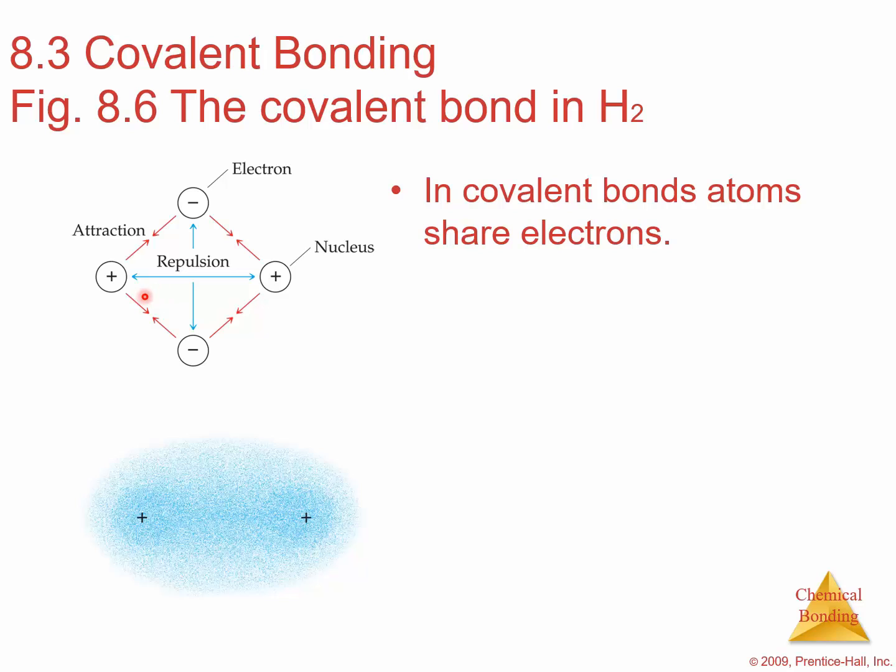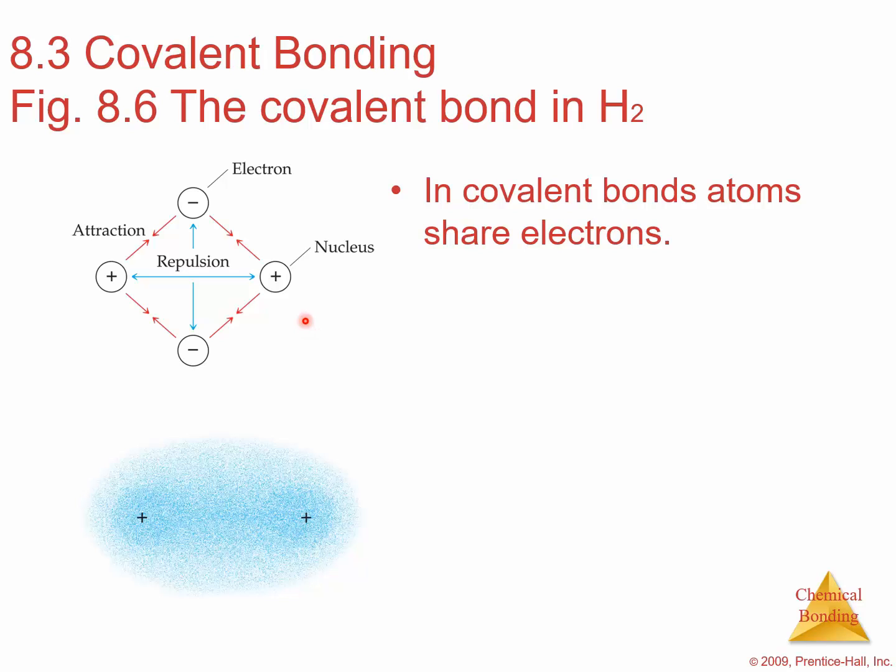Now, when two hydrogen atoms are close to each other, the two positively charged nuclei repel each other, as you can see here. The two negatively charged electrons repel each other, and the nuclei and electrons are attracted to each other, as you can see in this figure.